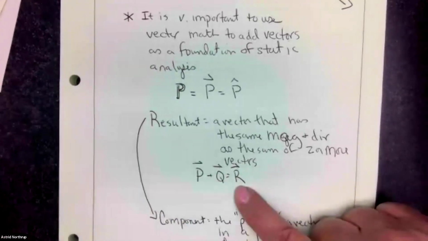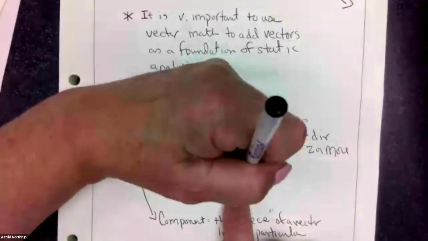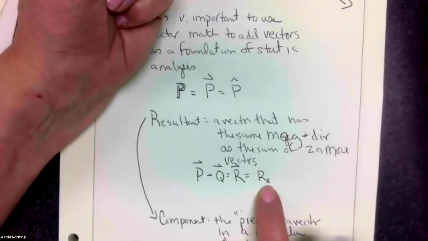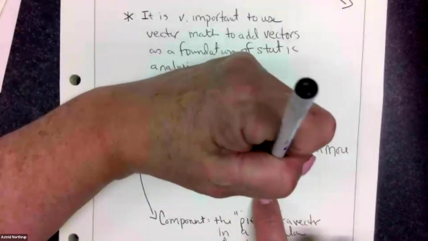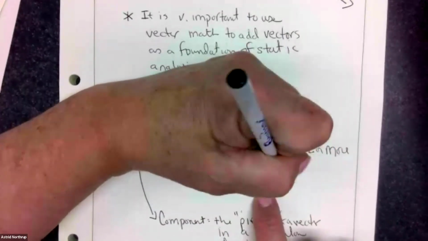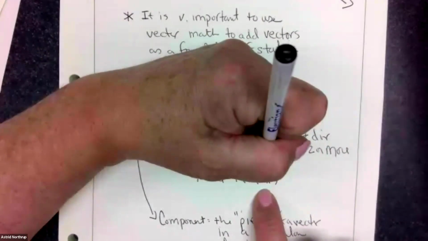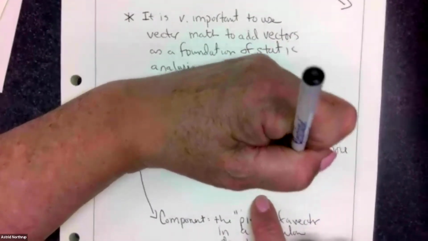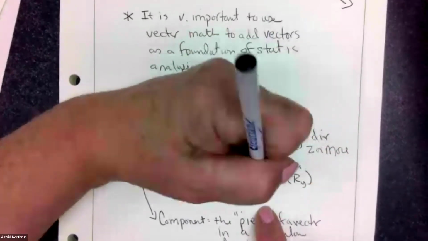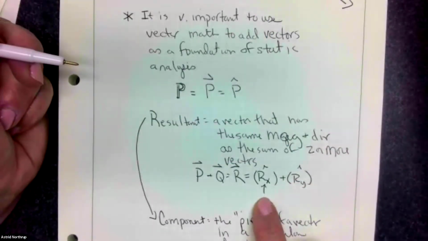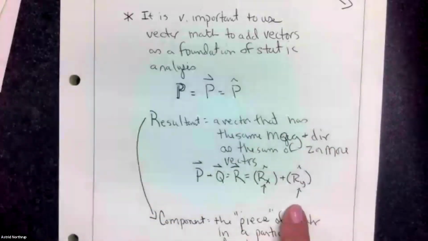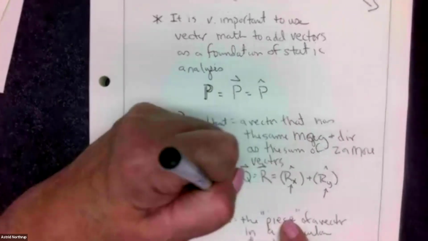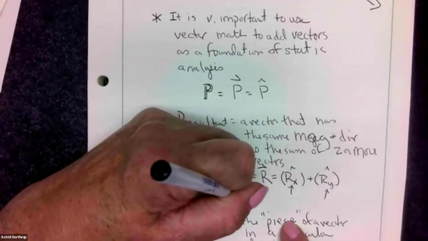So in other words, vector R could be thought of as some component R sub X in the X direction. And I think you do this in math. I'll show you a different notation in just a minute. And R sub Y, this would be the X component of R, and this would be the Y component of R. So in another notation, this is called unit vector notation, which we'll talk about.